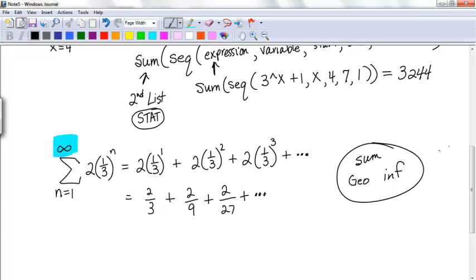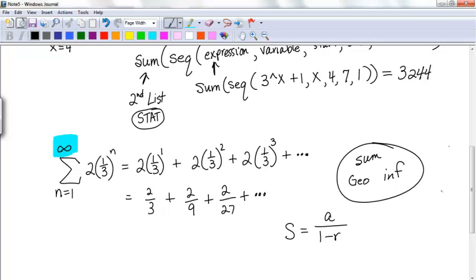What's the formula? Can't be sub n. Yep, Braceland's got it. S equals A over 1 minus R. Now, when is there a sum? When is there an answer? Look in your notes.